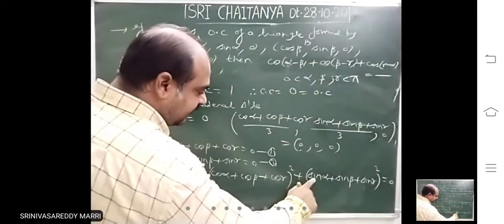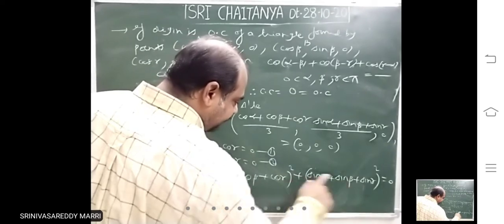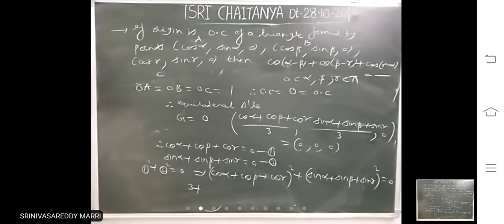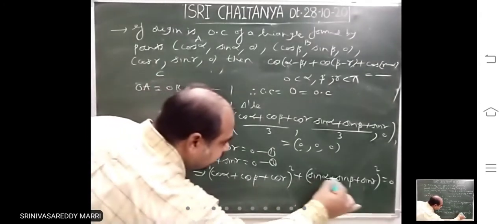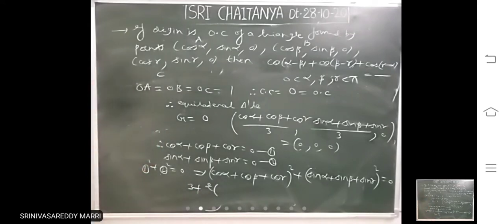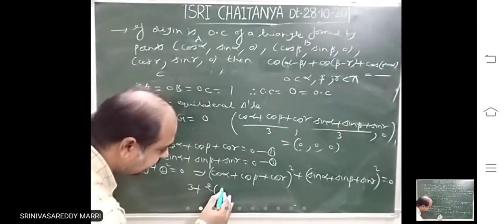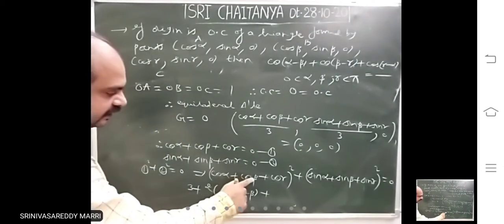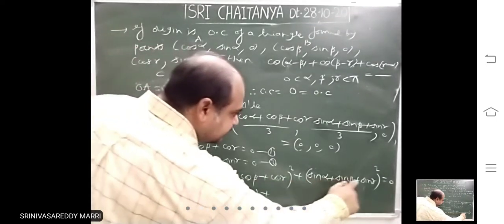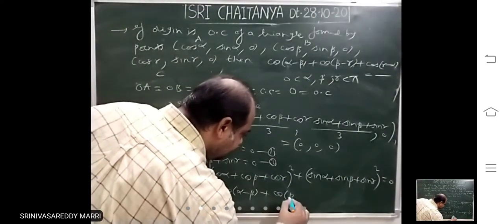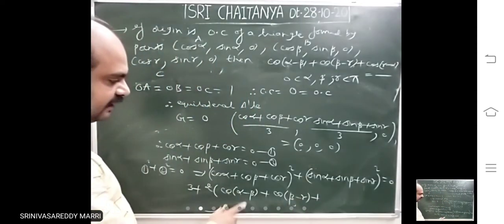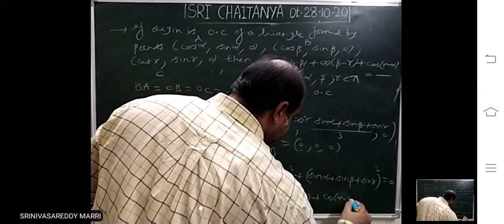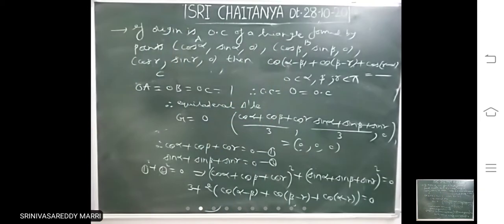Cos square alpha plus sin square alpha is 1, cos square beta plus sin square beta is 1, cos square gamma plus sin square gamma is 1. So 3 plus 2 take common: cos alpha cos beta plus sin alpha sin beta is cos of alpha minus beta; cos beta cos gamma plus sin beta sin gamma is cos of beta minus gamma; cos alpha cos gamma plus sin alpha sin gamma is cos of alpha minus gamma, equal to 0.